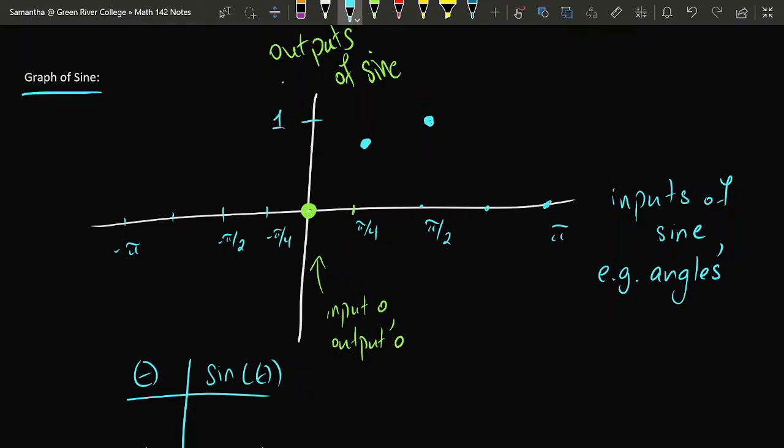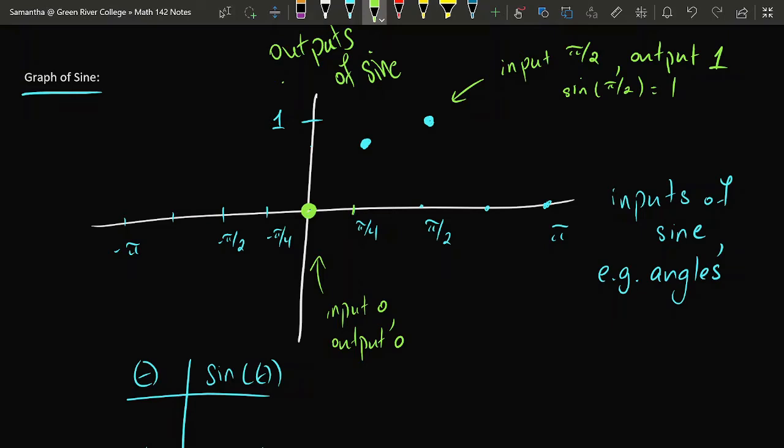By drawing this dot on the graph, what I'm communicating to the reader is that if I plug pi over 2 into sine, then 1 is what comes out. This little dot on this picture carries exactly the same information to the reader as if I said sine of pi over 2 equals 1.